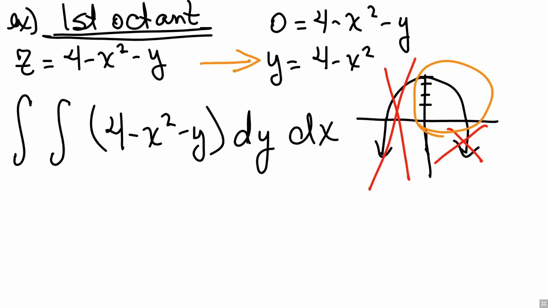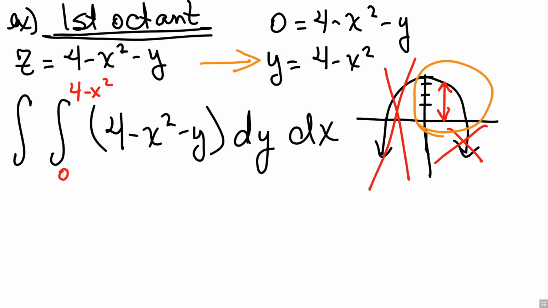Now, since we're doing y first, that means we're looking up and down. So the lower y value would be what? 0. The upper would be what? 4 minus x squared. It will be the function.